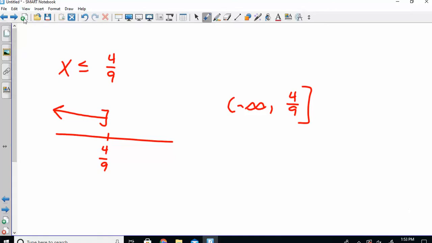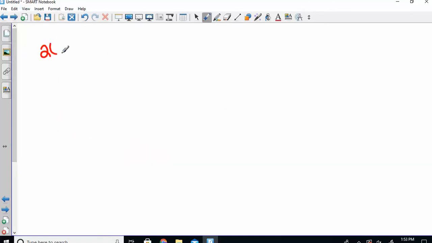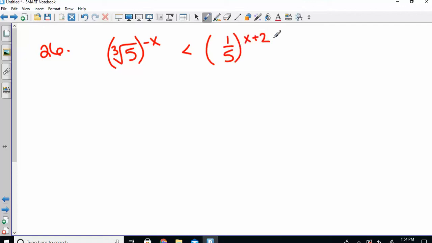26, you should get negative infinity to negative 3. I started that one, but I didn't finish it yet. For the first part of it, I changed the 5 into a fraction. But since the other one is 1/5, can I just flip it since it already has a negative x?